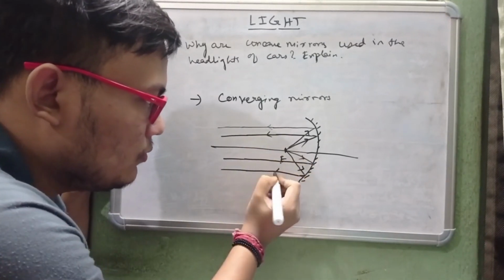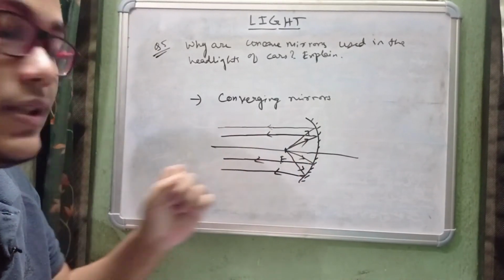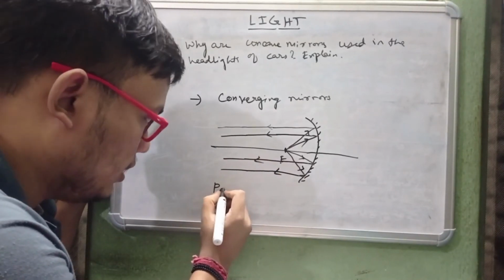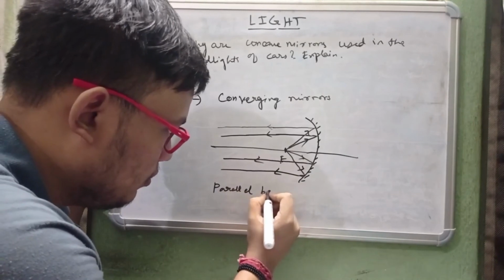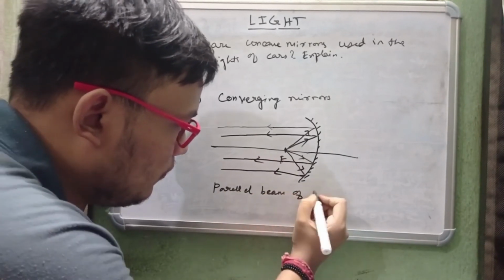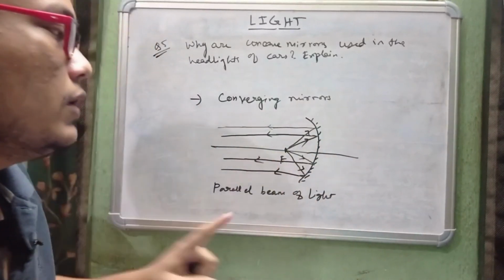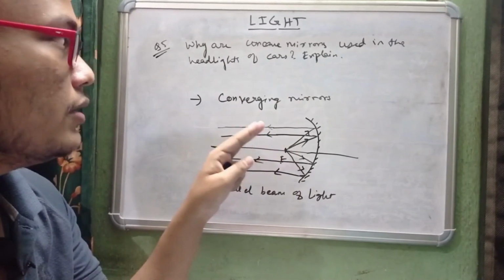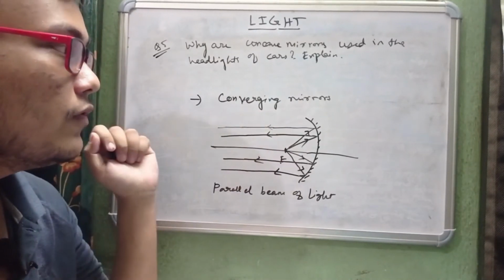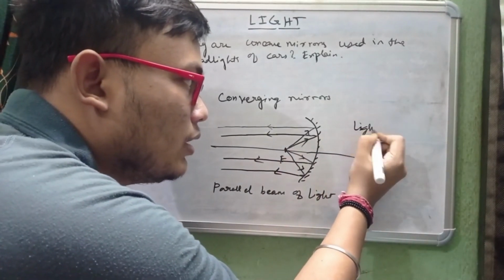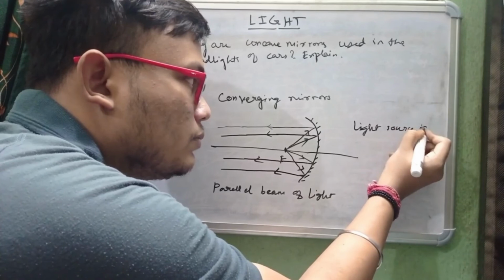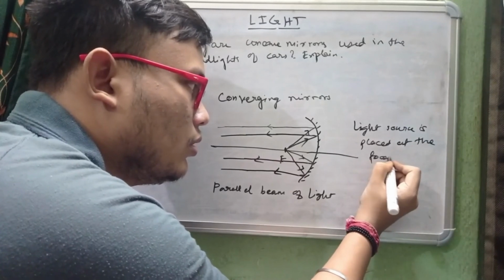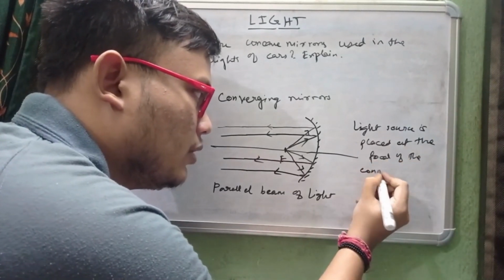Now they will be passing parallel to the principal axis. So this gives a parallel beam of light, right? Thus it gives a parallel beam of light, and hence it is used in the headlights of cars, because a concave mirror can produce a parallel beam of light when the light source is placed at the focus of the concave mirror.